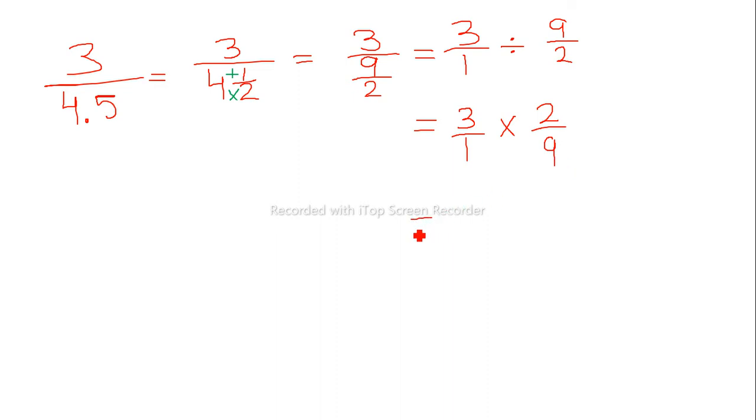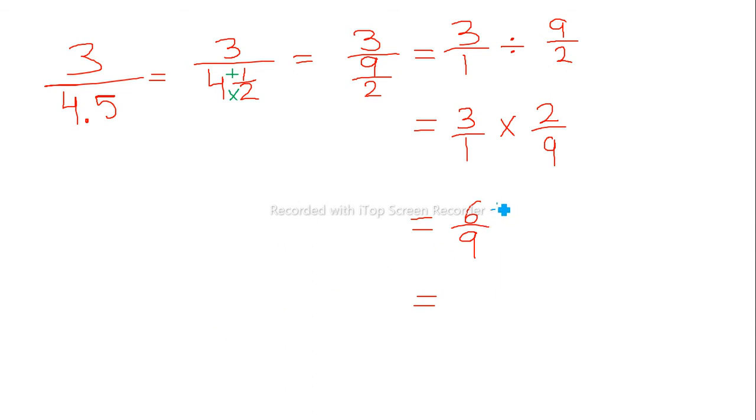This is going to be equal to, what is 3 times 2? 6. And what is 1 times 9? 9. What could we divide this by? 3. Very good.